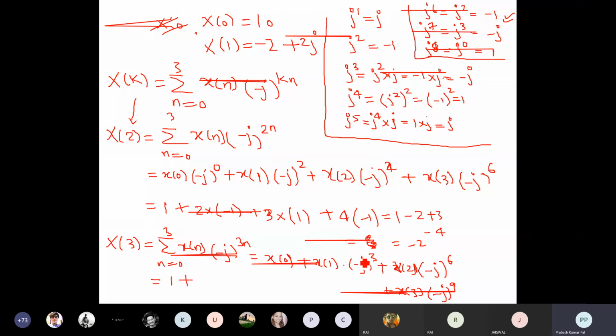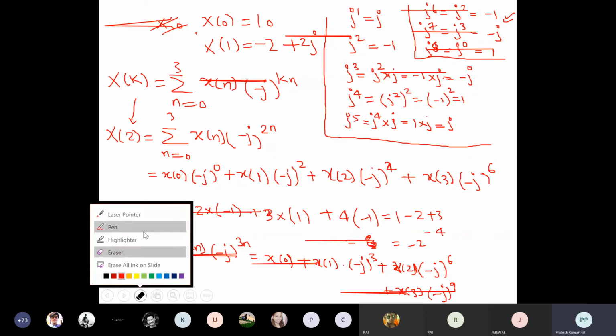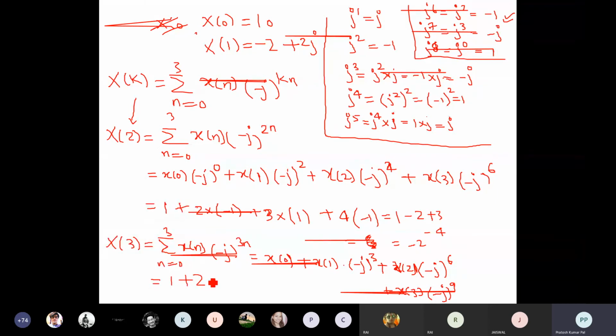So j to the power 3 is equal to minus j, and again it will be minus j, so minus times minus will be plus j. So it will be 2j.